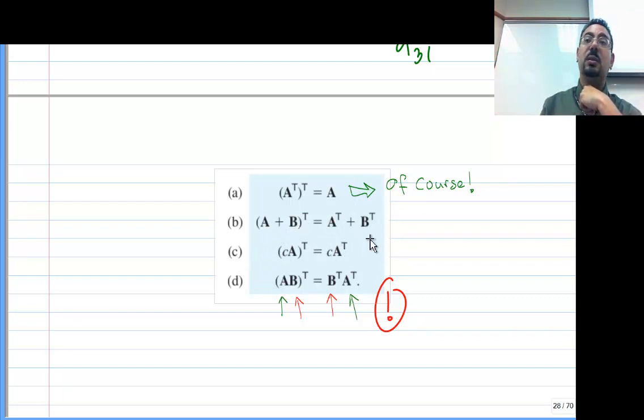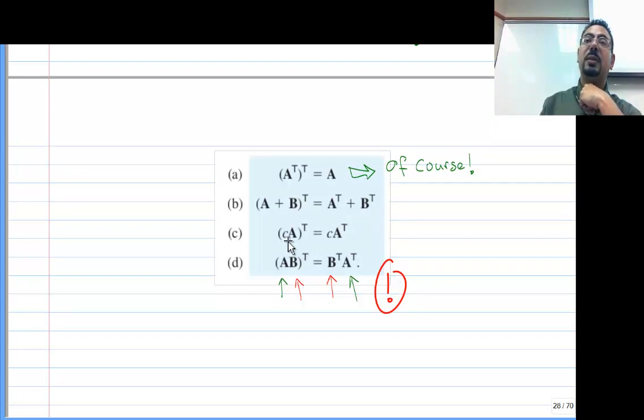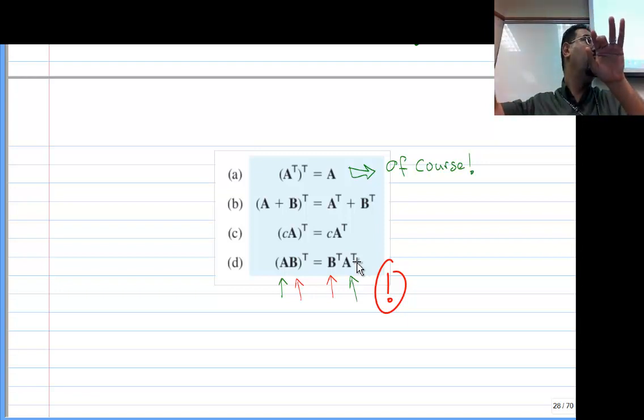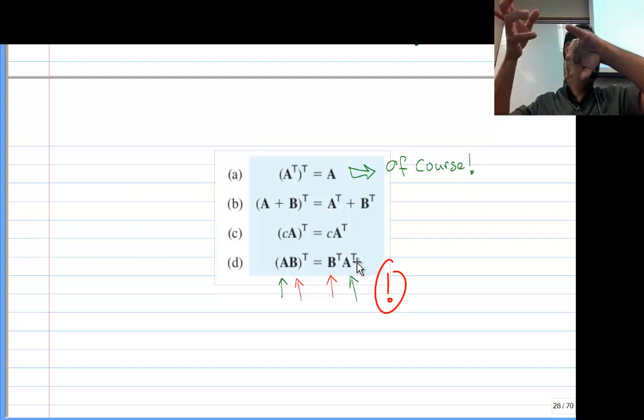You will get the same results, right? Multiplying by a scalar doesn't change anything, but look, the multiplication is always a problem. The transpose of a product is equal to the multiplication of the transposes in reverse order. It has to do with the fact that 4 times 2 can be multiplied by 2 times 4, but you cannot change the order and expect them to work.